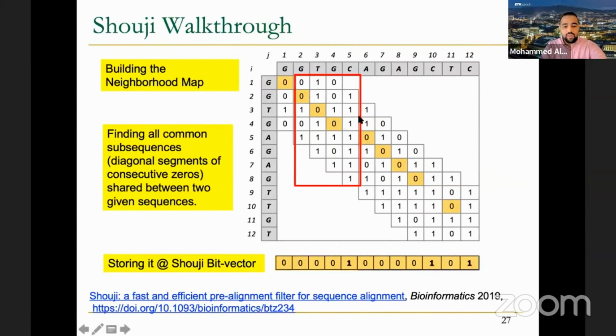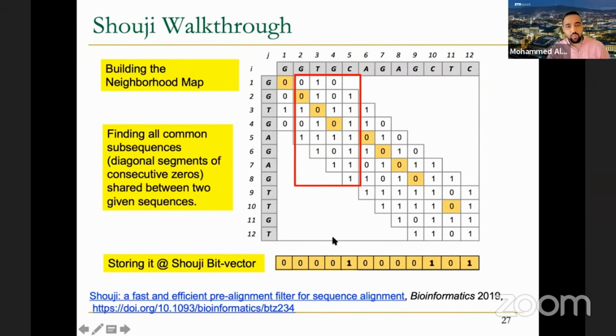Now, when we move the search window over here, you will see that the number of zeros starts to get less and less because they will break down into two segments. So zeros happening from this segment and another zero happening from that segment. And this is where we are not going to replace the things in the final bit vector, because the number of zeros is going to be less than whatever we have in the final bit vector.